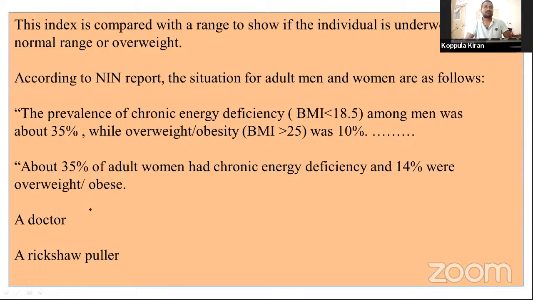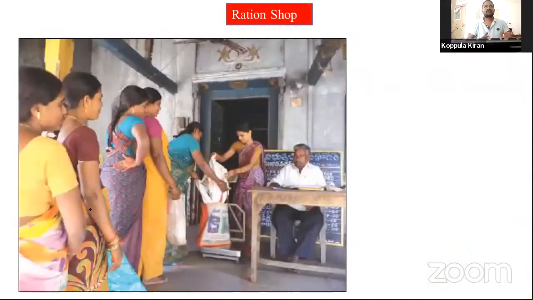And also imports of food grains are increasing. So next, see this, we can get food grains from the public distribution system, ration shops, at fair, subsidized prices.